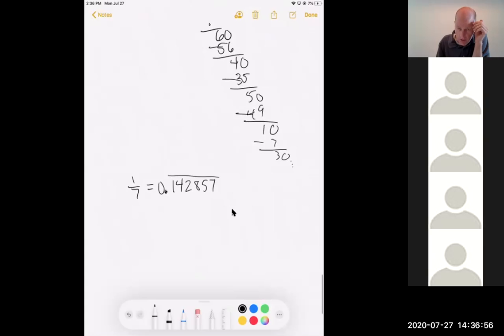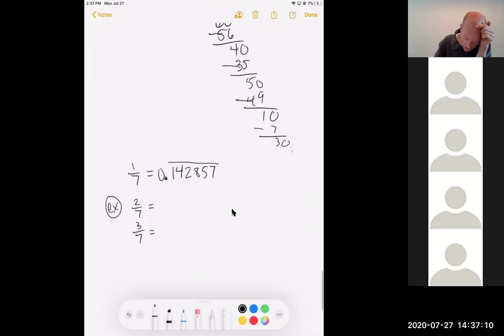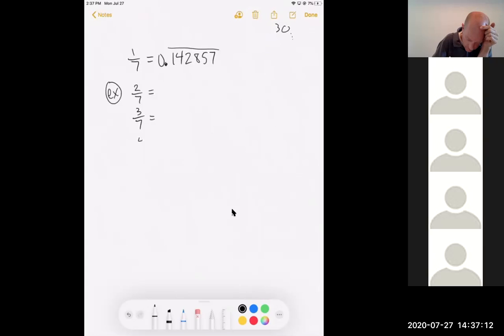Okay. So in the homework, they want you to take a look at 1/7. Actually, they want you to take a look at all of the sevens. These are the rest of the sevens.